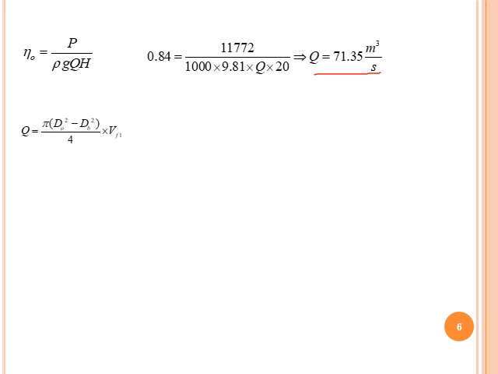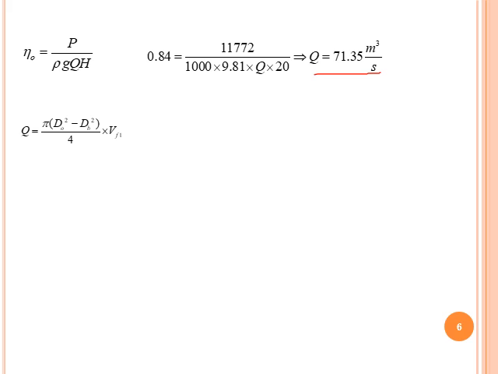Now the formula for discharge: discharge is equal to area of flow into velocity of flow. Area of flow is calculated using pi by 4 into D0 square minus D_b square, where D0 represents the outer diameter of the runner and D_b represents the boss or hub diameter.